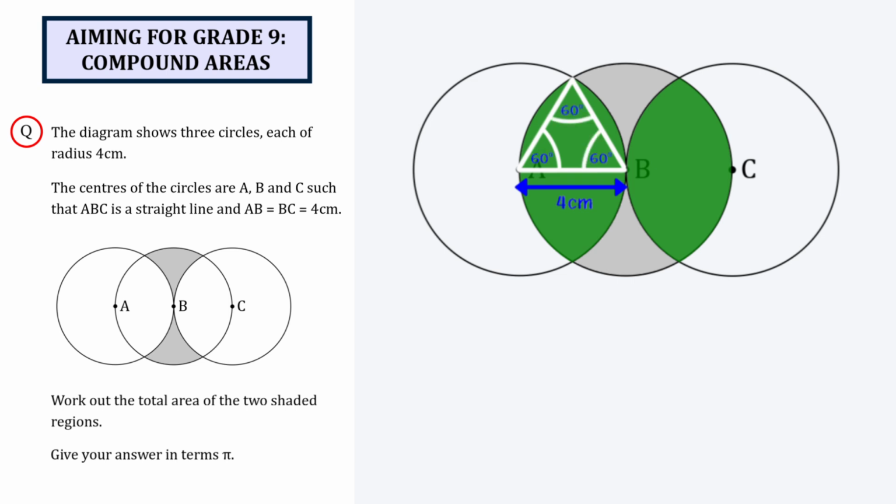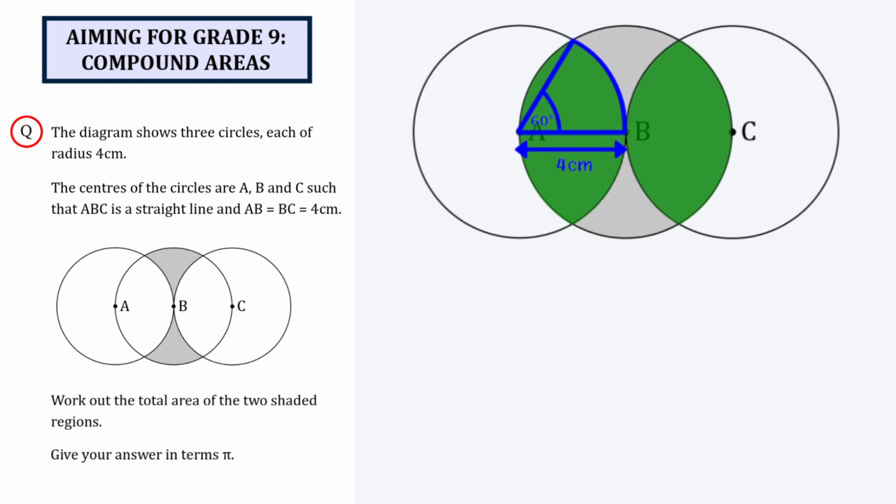And we can also say that these two segments must have the same area due to the symmetry of the circles. Now, if the angle of the equilateral triangle is 60 degrees, then we know that the angle of the sector is also 60 degrees. And the area of a sector can be found by using the formula: area of a sector is equal to theta over 360 multiplied by pi multiplied by r squared, where theta is the angle of the sector and r is its radius.